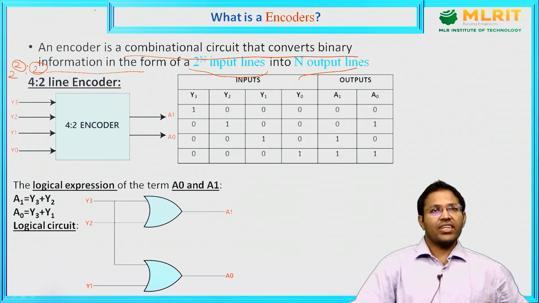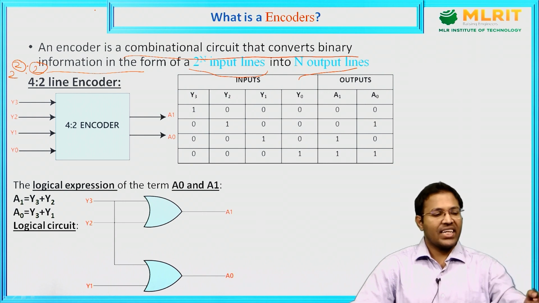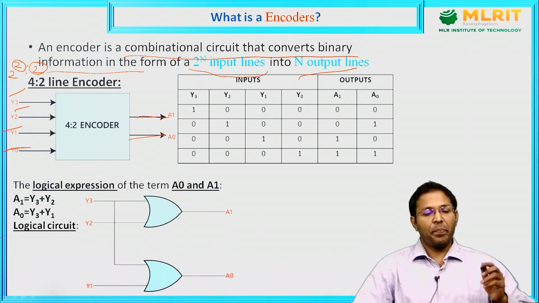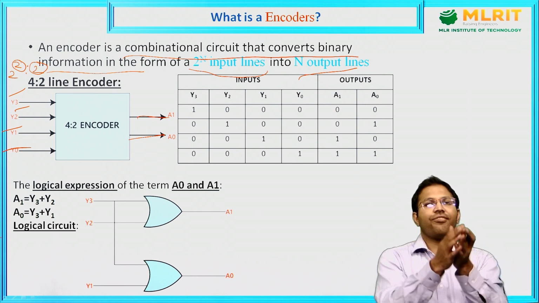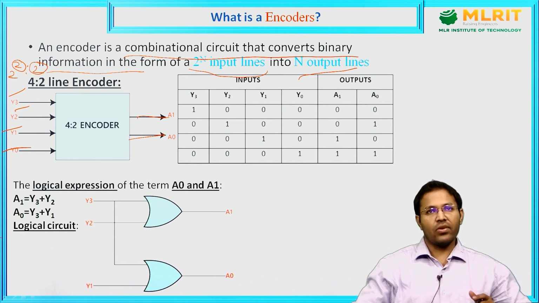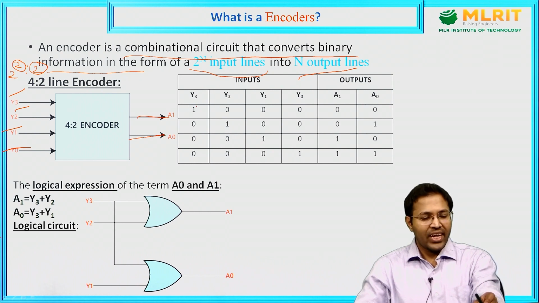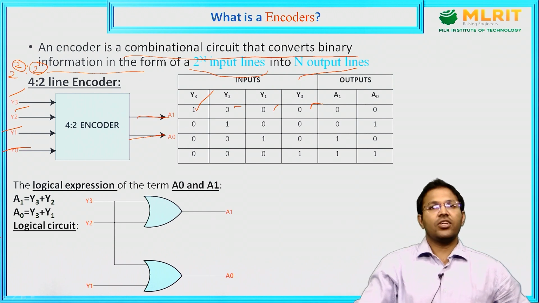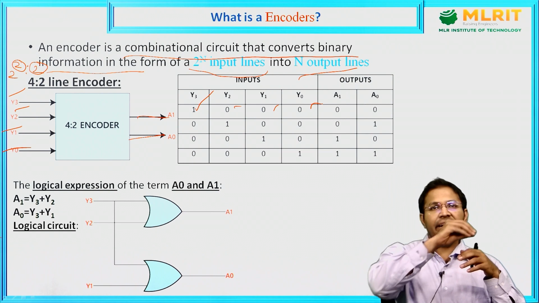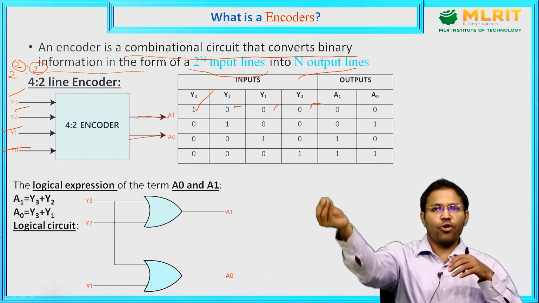We will start with 4 by 2 encoder. As the name suggests, it has 4 inputs and 2 outputs. Construction of the table is very simple. This is useful for such a case where suppose you have different sensor data, and when you have 1 in one sensor and remaining all you have zeros, or let us say a case where you have a ball and 4 boxes.